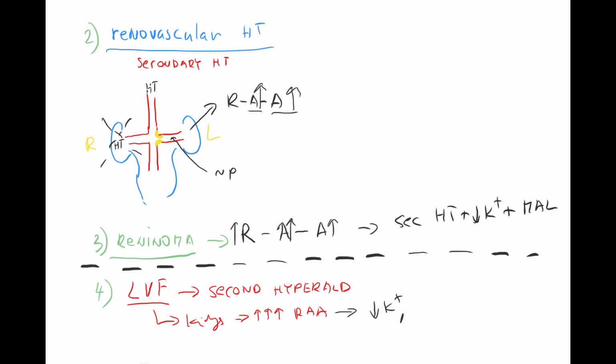But look at this. So H+ is going down too. But there's one difference. Who will tell me this difference? In this case, will I have hypertension? No. No. I mean, because I'm fighting the hypotension. I'm trying to normalize the tension, okay?